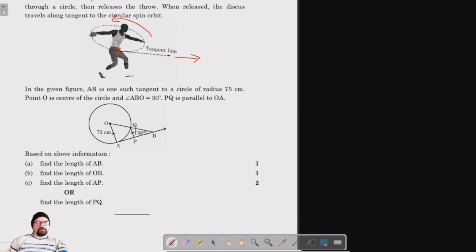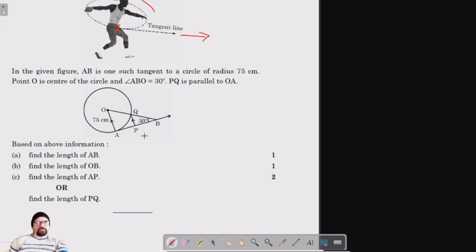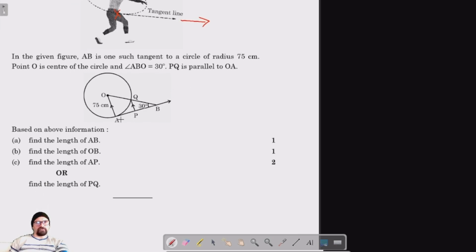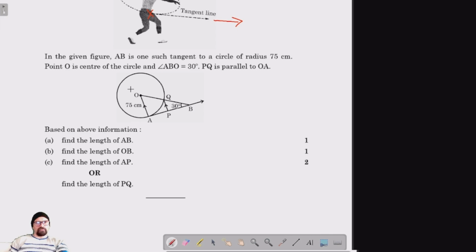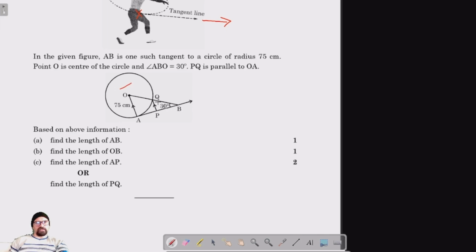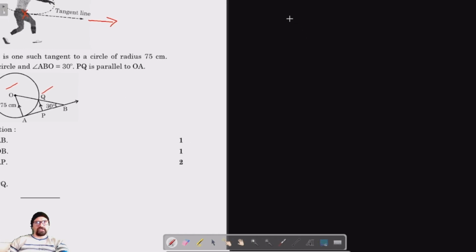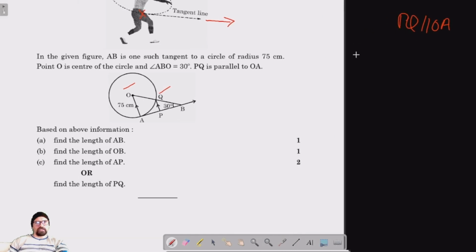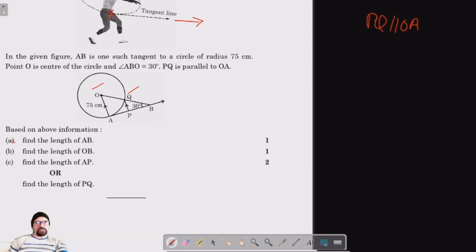So the trajectory of this is given here, where AB is a tangent to a circle of radius 75 centimeter. O is the center of the circle, angle ABO is 30 degrees, and PQ is parallel to OA. So PQ is parallel to OA, and we have to find the length of AB.